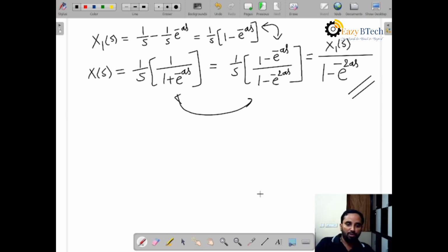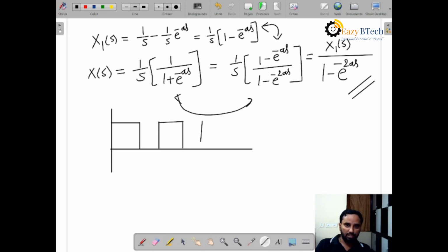So what I want to tell is, the given signal is a one-sided periodic signal. This is the given periodic signal, with 0, a, 2a. So this is one cycle of the signal.